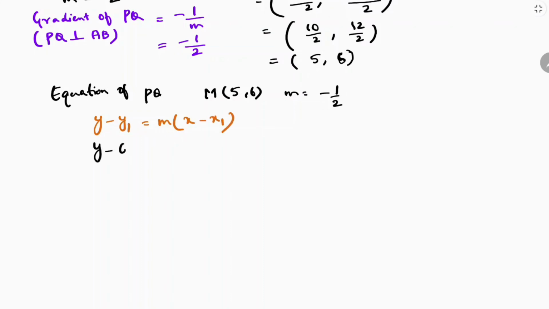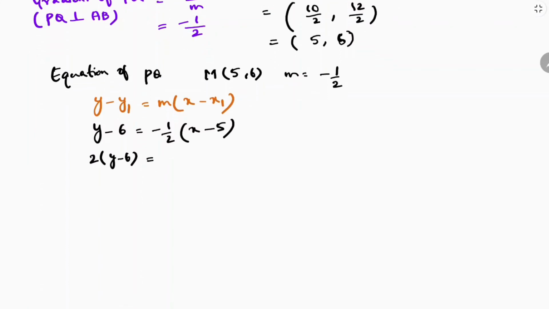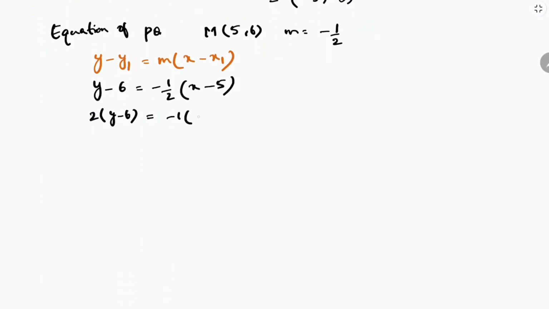So y minus 6 equals minus 1 by 2 into x minus 5. If we cross multiply, 2 into y minus 6 equals minus 1 into x minus 5. So 2y minus 12 equals minus x, minus into minus, plus 5.